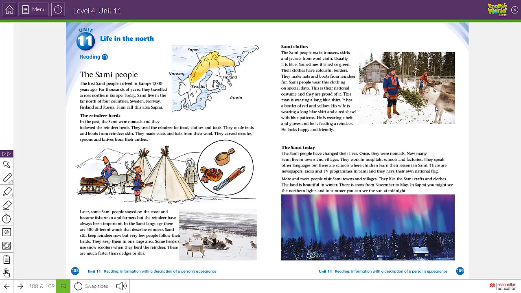And they work in hospitals, schools, factories. They speak other languages, but there are schools where children learn their lessons in Sami. There are newspapers, radio, and television programs in Sami, and they have their own national flag. Okay.